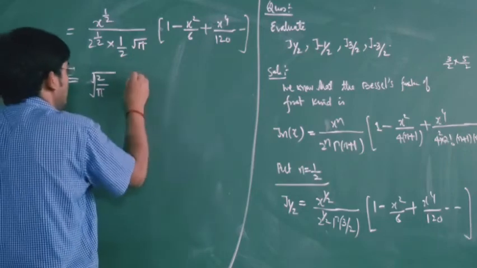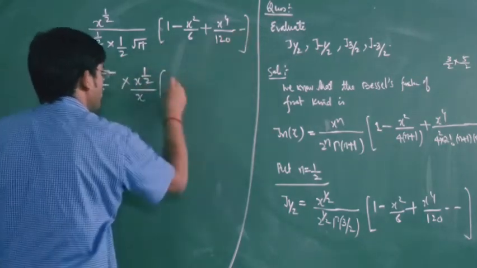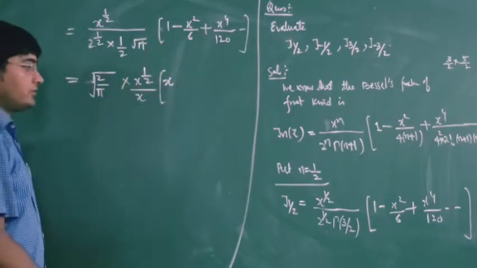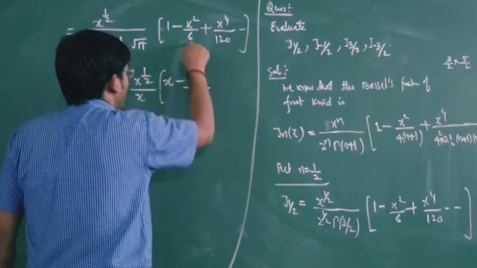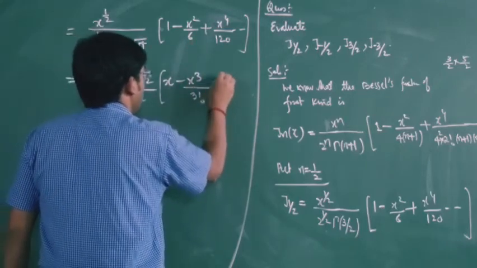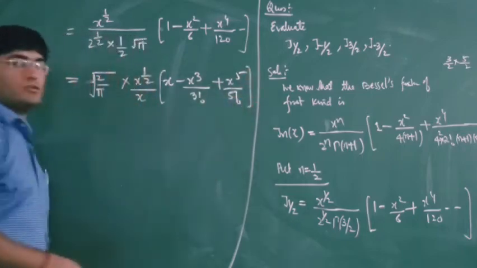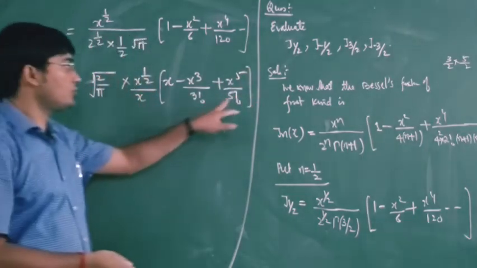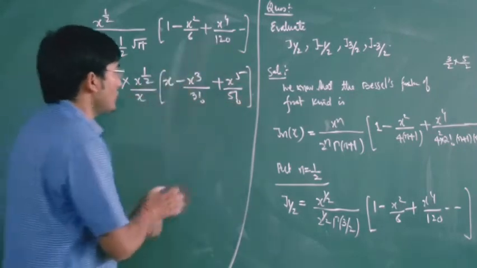Let us divide by x and multiply this expression by x. So here we will have x, then x cube upon factorial 3, and x power 5 upon factorial 5, because factorial 5 is 120: 5 into 4, then 3 into 2 into 1, so this is 120.